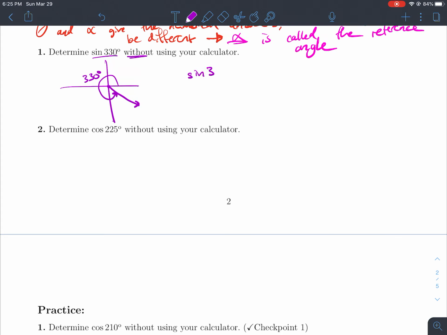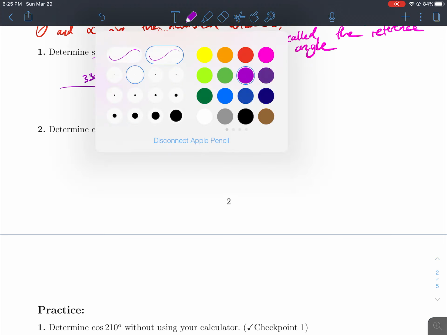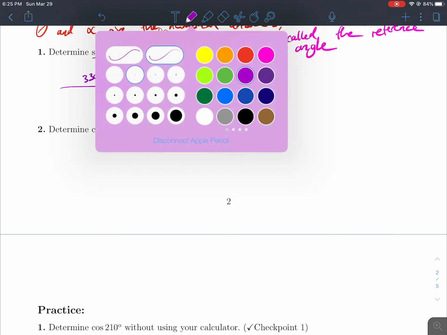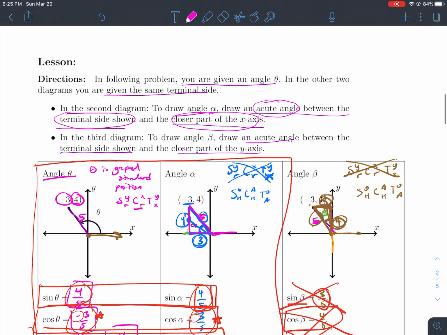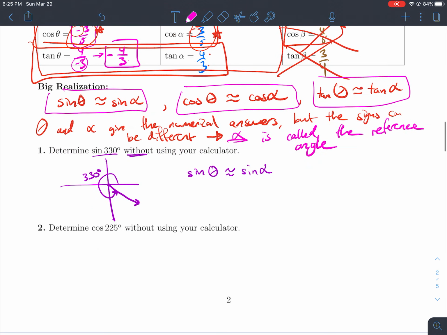However, we know that the sine of theta, let me write that out, sorry. The sine of theta is going to be almost the same thing as the sine of alpha. And so if we wanted to find the sine of theta, we could look and find alpha instead. Well, alpha is always going to be the positive acute angle between the terminal side and the closer part of the x-axis. So between the terminal side, the closer part of the x-axis, this acute angle.